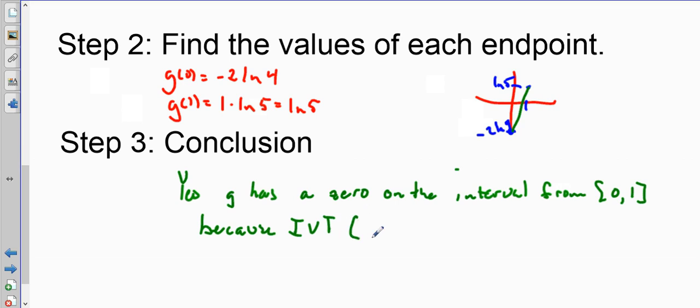All right, because of IVT, and what does that say?